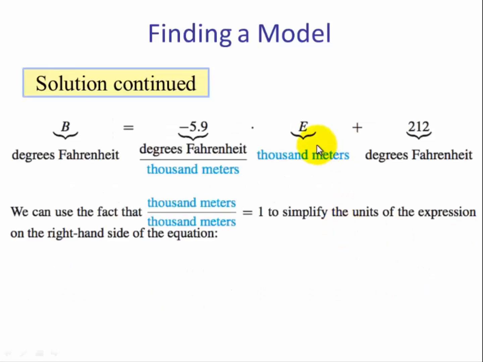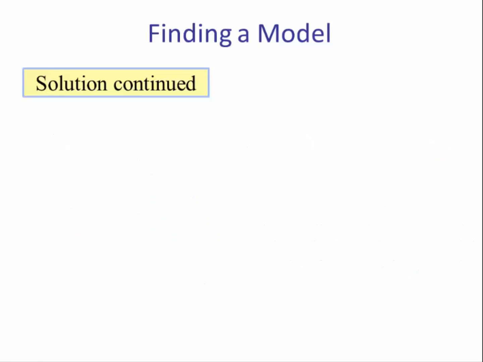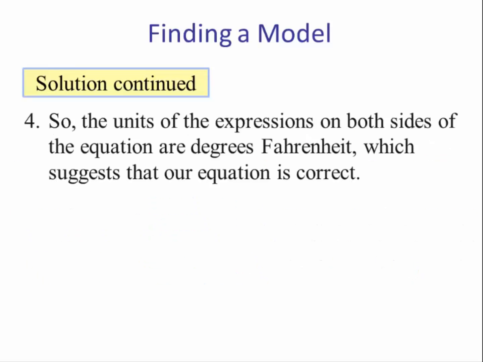Now we're going to use the fact that this 1,000 meters and this 1,000 meters will cancel, and we have degrees Fahrenheit plus degrees Fahrenheit equals B, which is degrees Fahrenheit. So the units of the expressions on both sides of the equation are degrees Fahrenheit, which suggests that our model is correct.